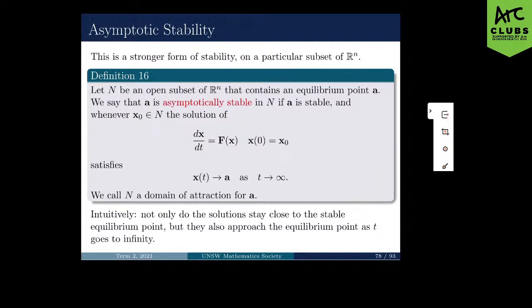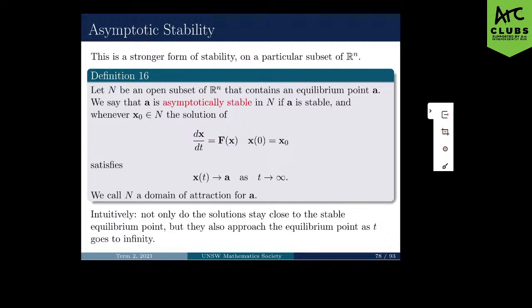We say that an equilibrium point A is asymptotically stable on that open subset if A is stable and whenever the starting point is within that open subset, then the trajectory heads towards the equilibrium point as t goes to infinity. And we call this open subset N the domain of attraction for A.